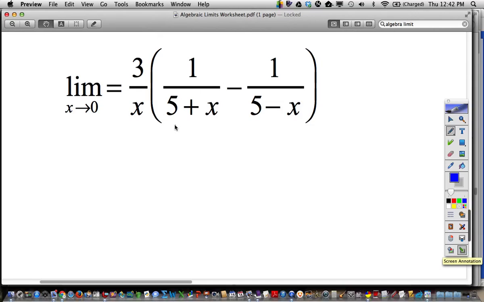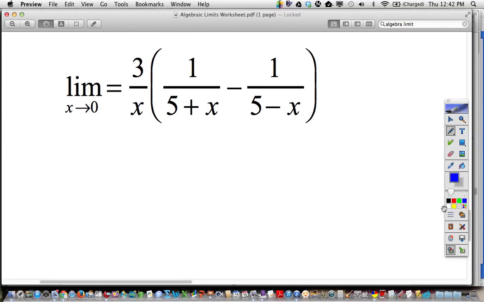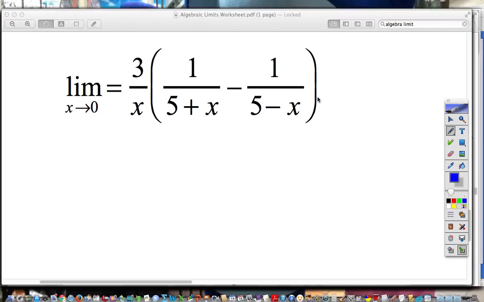We could have it if you put all this over a 1, and then do 3 times that quantity, and on the bottom have x times 1, and then 3 times this quantity. Then you could clear out the denominator like I'd been showing. But a lot of you might not have thought to do that. So the bow tie method is pretty good here, or just get a common denominator.